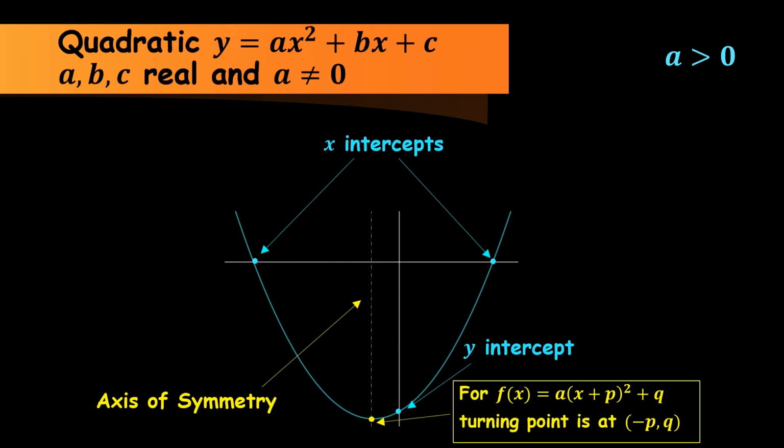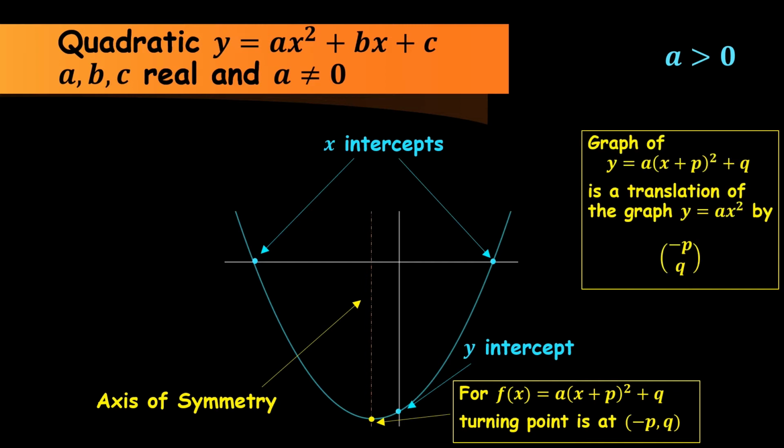Now for the turning point, we need to consider the function in the form a times x plus p all squared plus q, and the turning point will be at minus p comma q. The graph of this function is a translation of the graph y equals ax squared by the vector minus p, q.